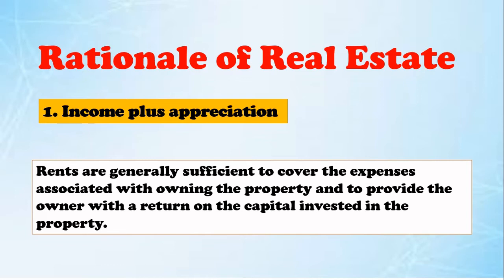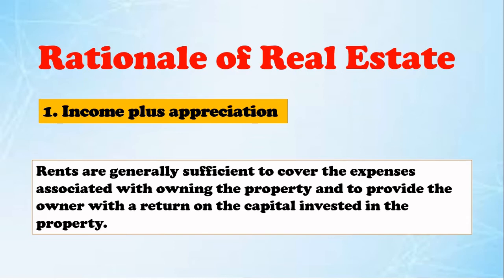Now, when you have built a real estate property, you have invested in it, so you're generating return, and that return will be enough that you are paying back all the dues, and after paying all the dues, you have an extra amount of money in your hand, and that is called income plus appreciation.